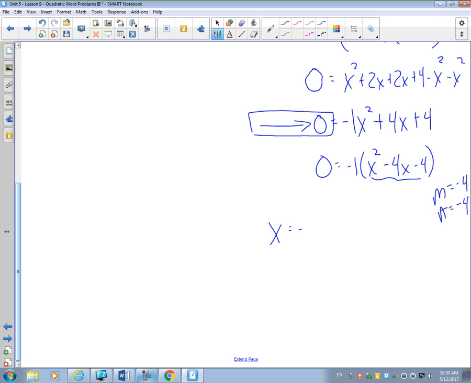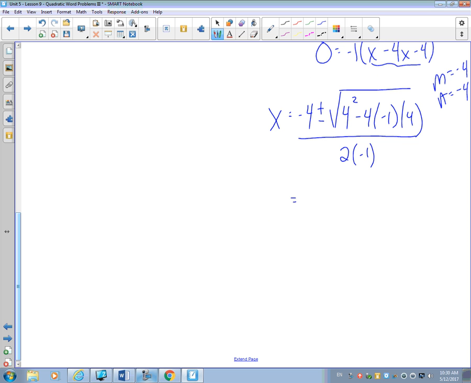Okay, so the opposite of b is negative 4 plus or minus the square root of b squared minus 4 times a times c, all over 2a. Hey, let's see if this is possible. Can we get a lawn that's the same size as our walk? Well, if I do my discriminant, I get 16 plus 16 makes 32. Yep, I can. It can be solved. I just got to figure out the answers.